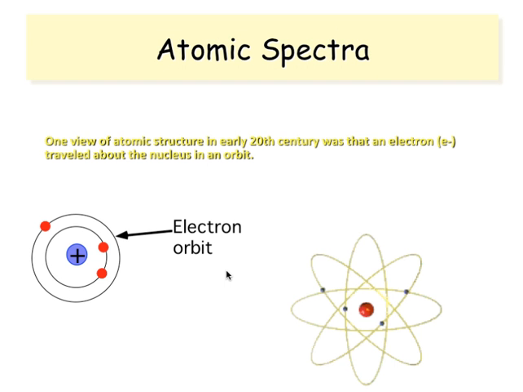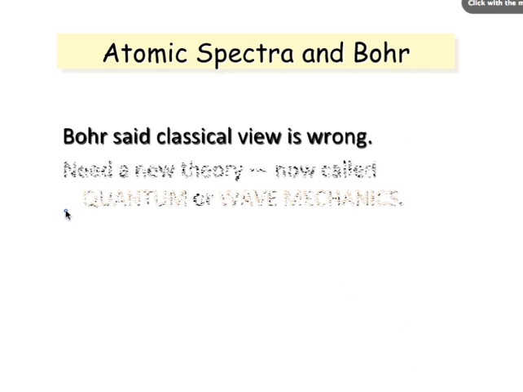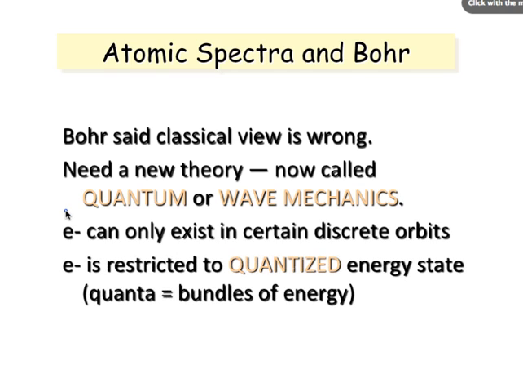So Bohr's idea of the atom was this orbital, with set energy levels and electrons being able to jump up and back. But that model is kind of overtaken by one that is now called quantum or wave mechanics.